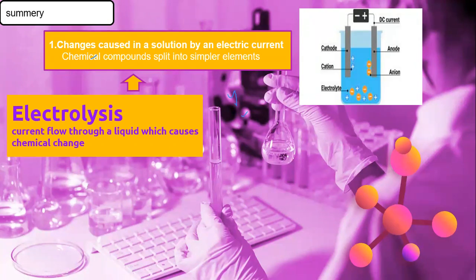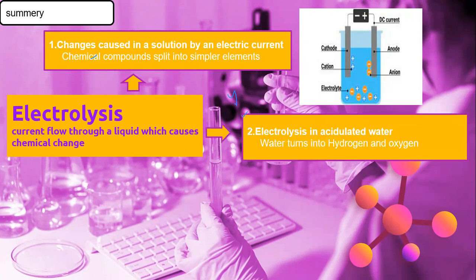Usually when we pass current through an electrolyte, chemical compounds split into simpler elements. And then what happens when we pass electricity through acidulated water? Water turns into hydrogen and oxygen.